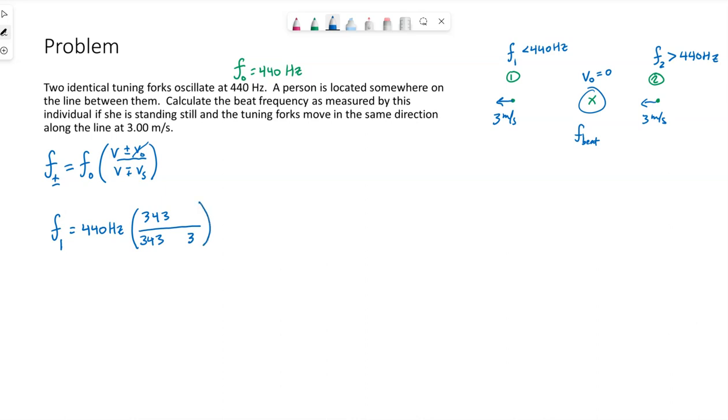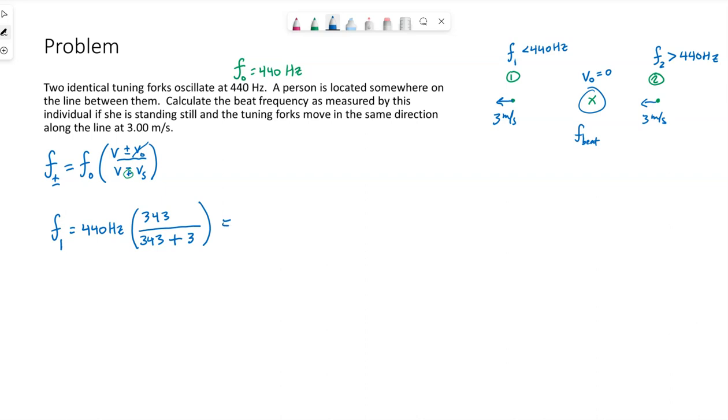The source is moving at 3 meters per second, and since it is moving away from me, or the person, I should say, I use the positive sign because that's the bottom sign in the denominator. So away is always the bottom of the two signs shown.